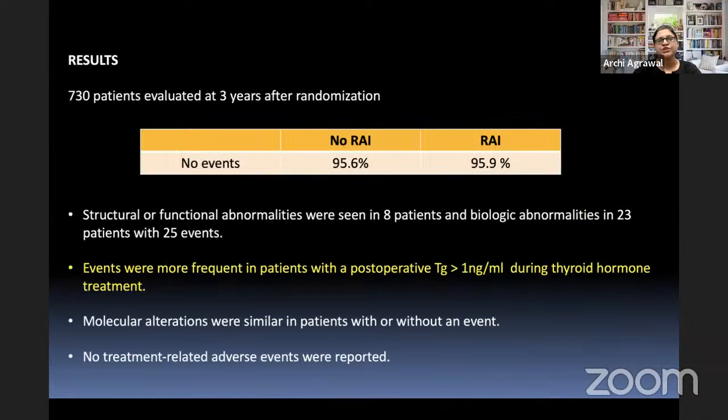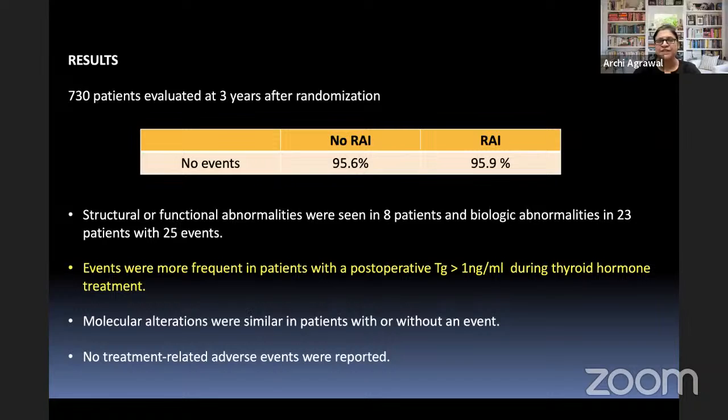So 730 patients were evaluated at 3 years after randomization, and they saw that there were no events in both the groups in more than 95% of the patients. Whenever they saw some events, the events were more frequent in patients who had a post-operative TG of more than 1 nanogram per ml during thyroid hormone treatment.